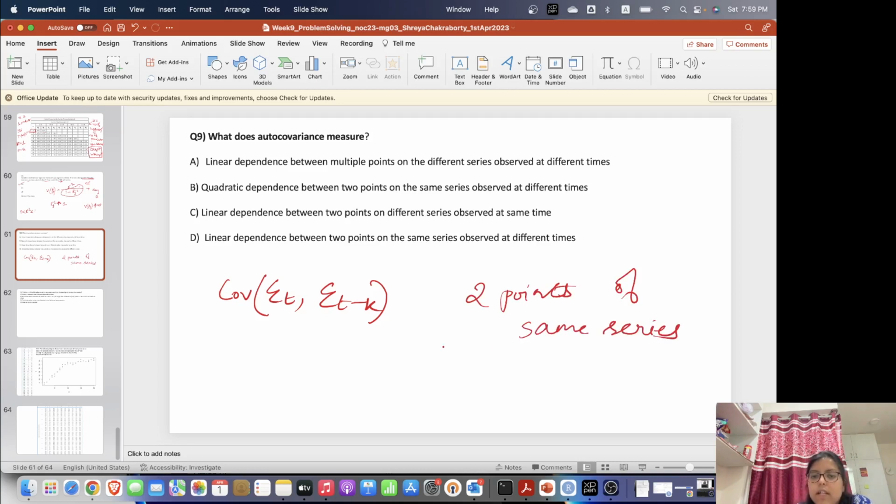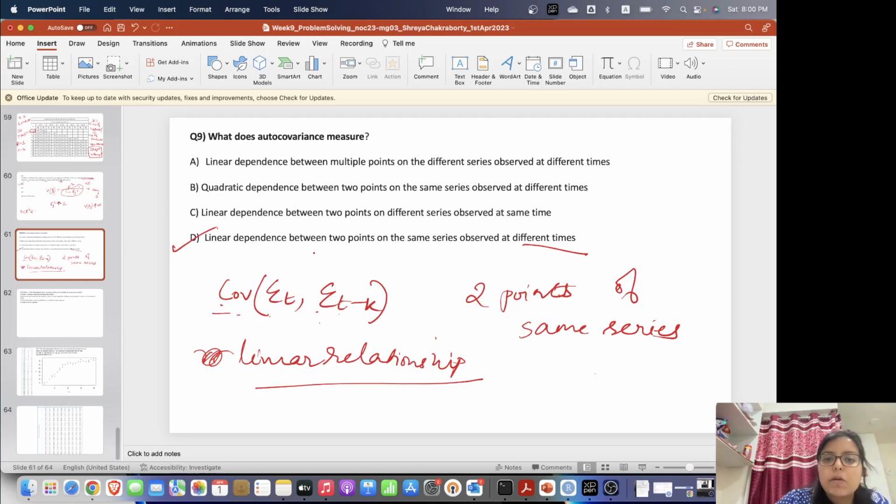We are observing the same series epsilon at two different times, and then taking the covariance, or the linear dependence, because if you remember, covariance and correlation all measure a linear relationship. So this autocovariance is a measure of linear dependence between two points on the same series observed at different times.